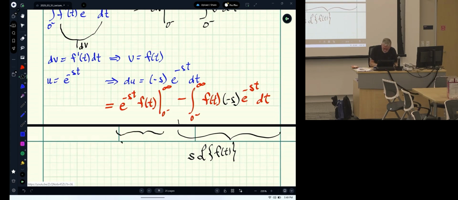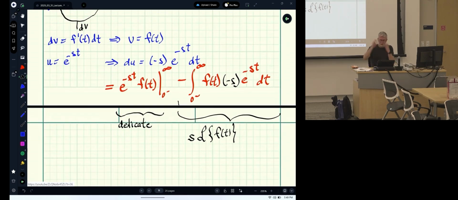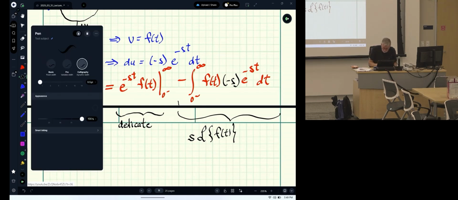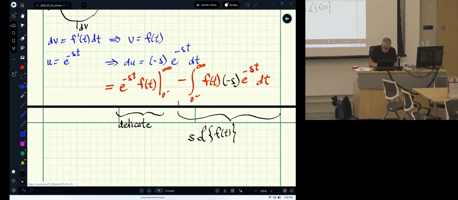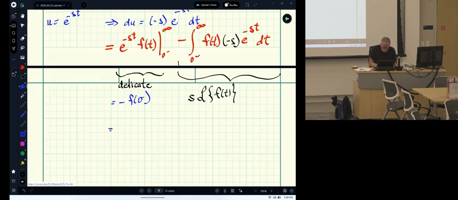And this is delicate. But when you do it carefully and you put s where it's in the region of convergence of both the Laplace transform of f and its derivative, this term equals minus f of 0 minus. And so you get s F of s minus f of 0 minus.